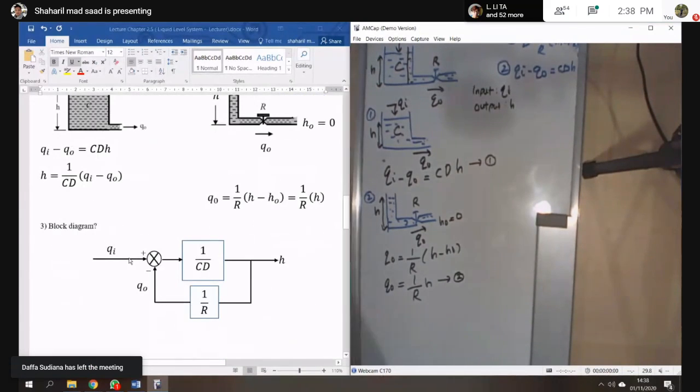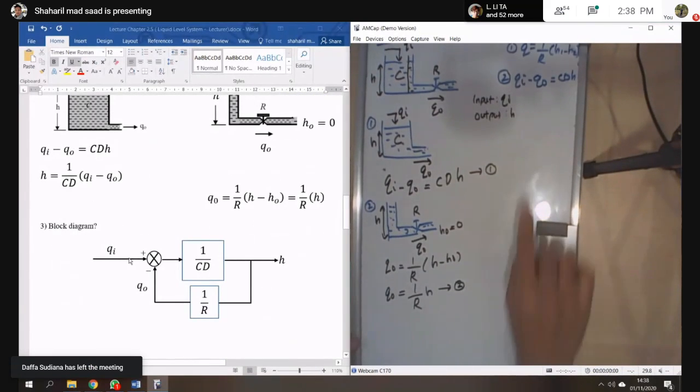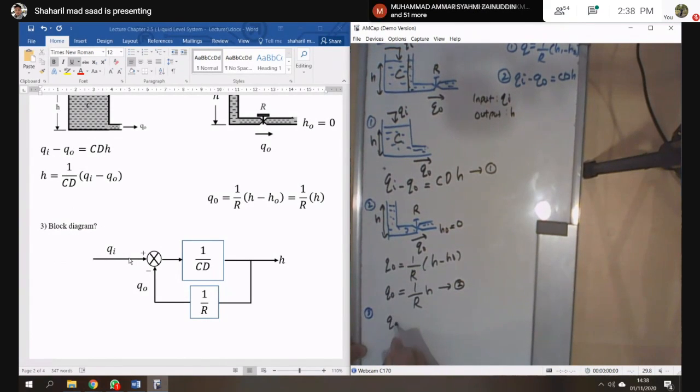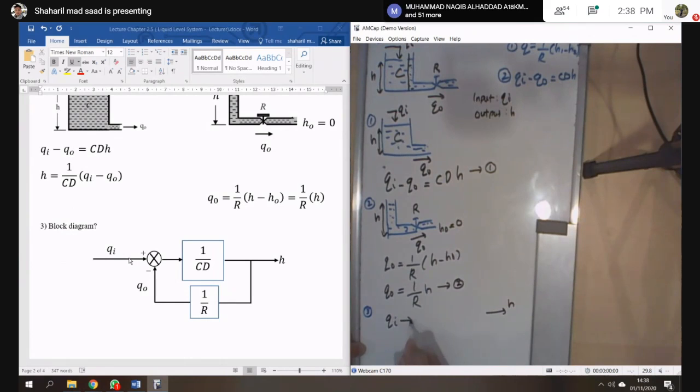Then you can draw the block diagram. So you have the Qi, the input, and the output is H. So let's solve it. Which equation are you going to use? You can try from the output or the input, it depends.